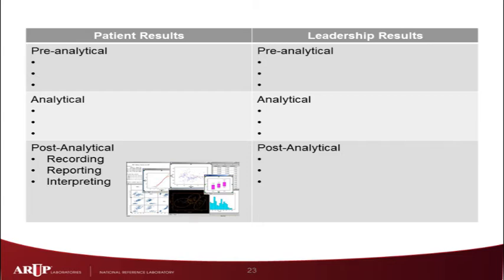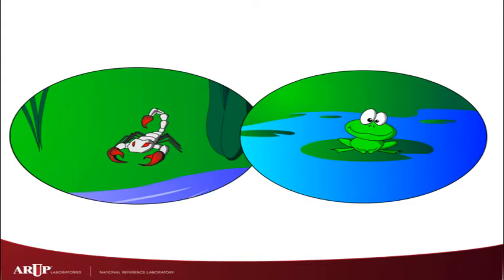So I want to share with you an old parable. There once lived a scorpion and a frog. And actually, before I get into this, when we talk about strengths of employees, I have to highlight that this is an individual in our education department who is one of our instructional designers, has great skills in that arena.